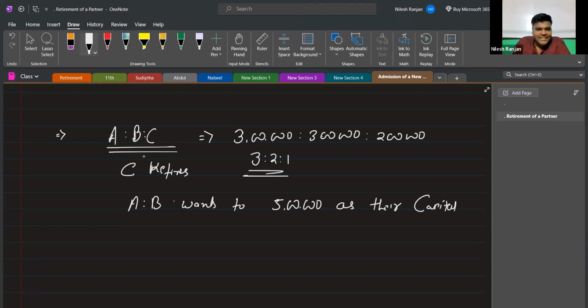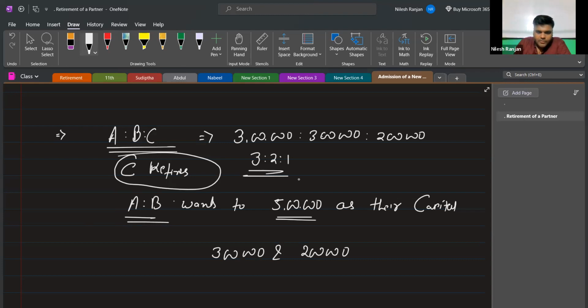See, A, B, and C were partners, and C retires. A and B want to keep their capital at 5 lakh. Then 3 lakh and 2 lakh, in the ratio 3:2. What we have done here is distribute the new capital given in the question in their new profit sharing ratio. It is very simple.